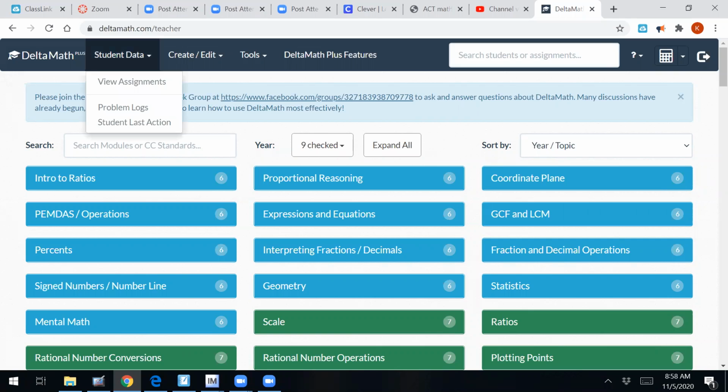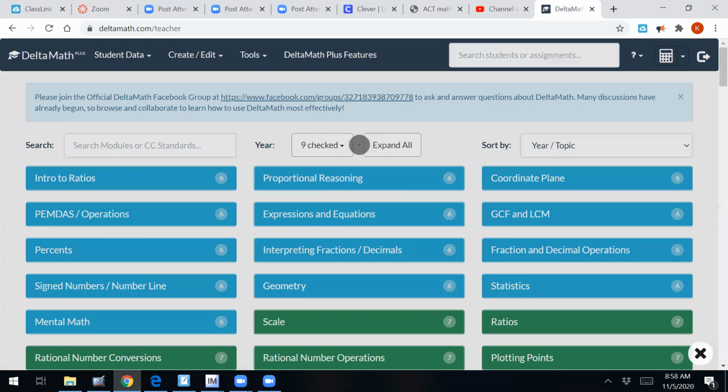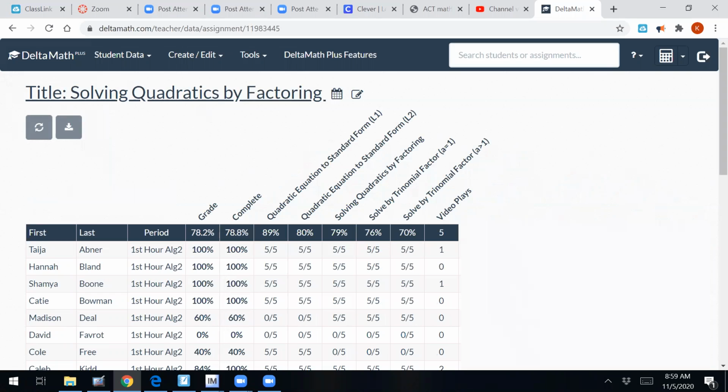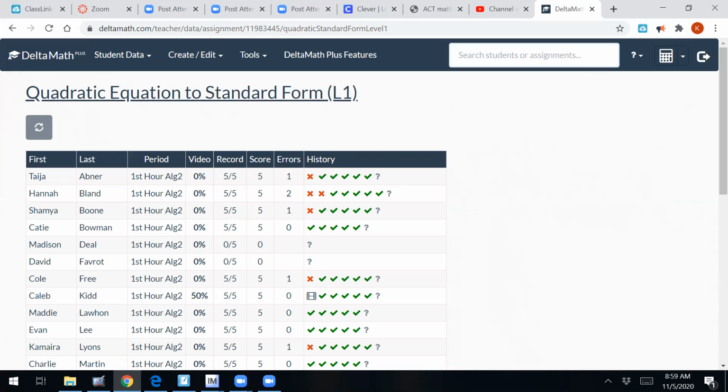Okay, this is what mine looks like. It's obviously different than yours because I'm a teacher and you're a student. Don't look at your grades. See how detailed it is?